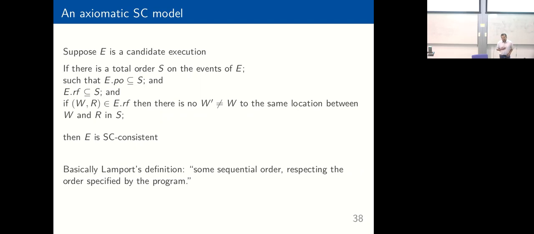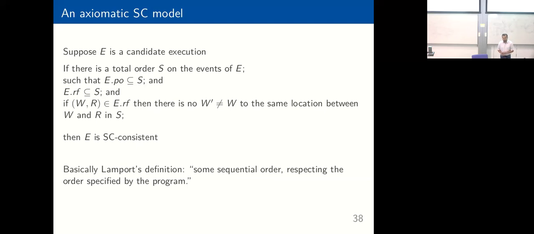Suppose we find a candidate execution from a program. We take each of those candidate executions one by one and try to decide whether they are a legal Lamport sequentially consistent execution or not. How do we do that? Well, we need a total order, let's call that S, over all the events of E, such that some conditions hold.